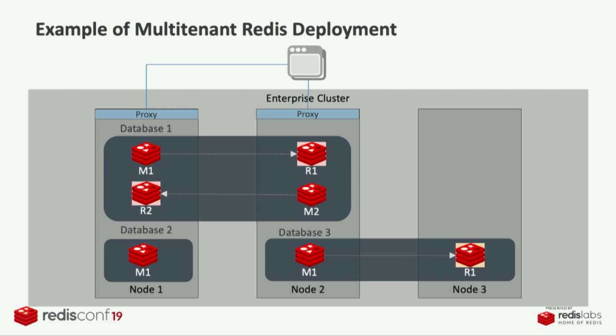And I could create a separate database that's just a single master database. And I could create a third database, which is just a single Redis server process with 1 slave, 1 replica. Okay? So you could play around with the way your database or your application shards are placed. And as long as you specify a port and change the port for the different shards, you'll be able to configure it in this fashion. Okay? But you have to manage the deployment carefully if you don't have a proxy layer on top of that.